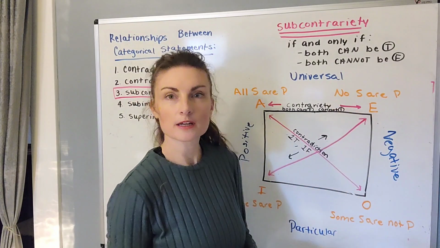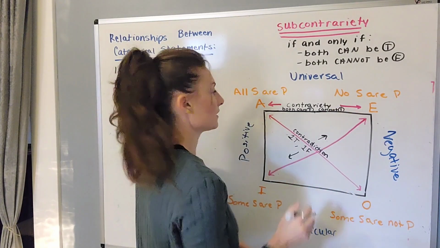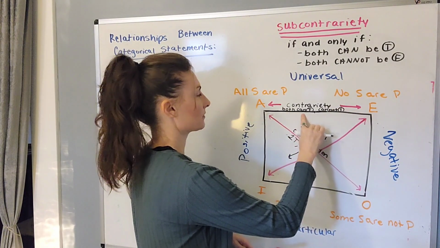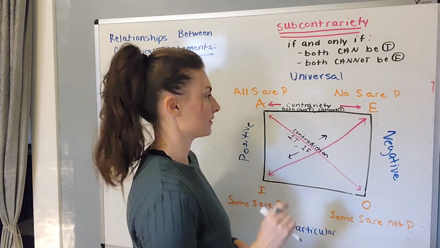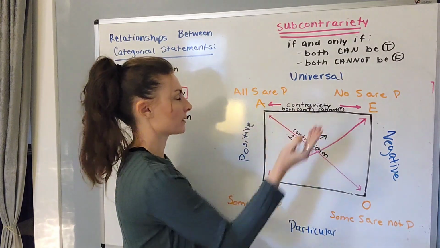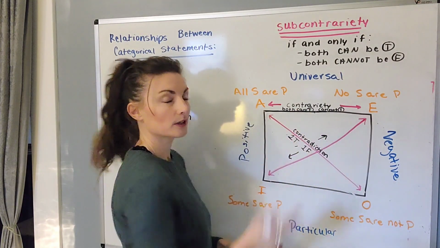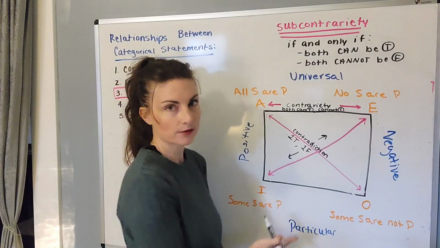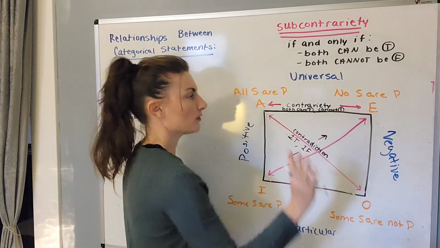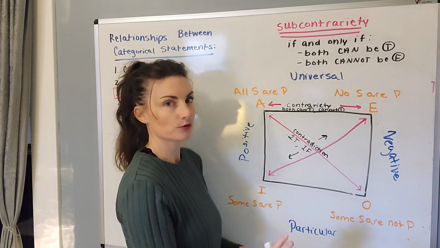Hopefully you can see my tiny writing up there. This makes sense because instead of all or none, it could just be some. There could be a third option down there. So both can be false, but they cannot both be true.